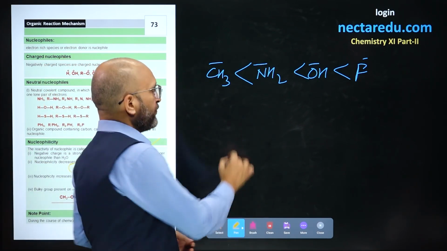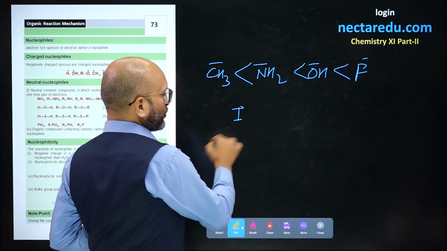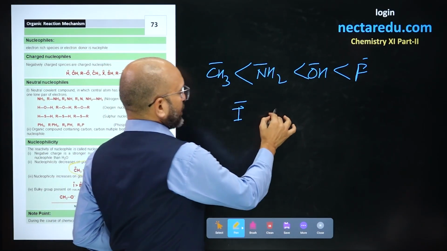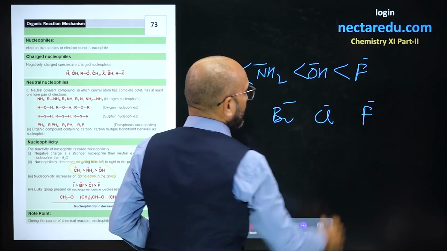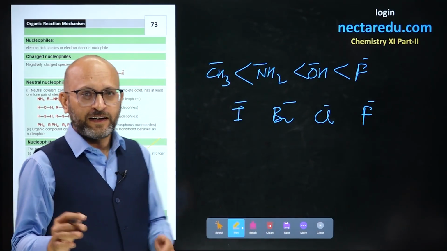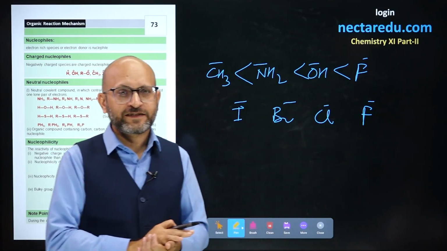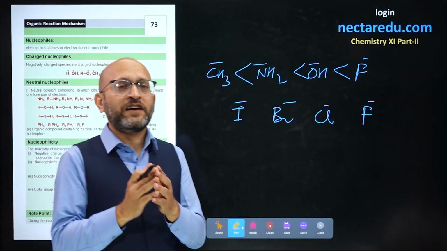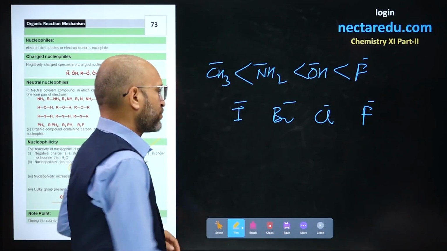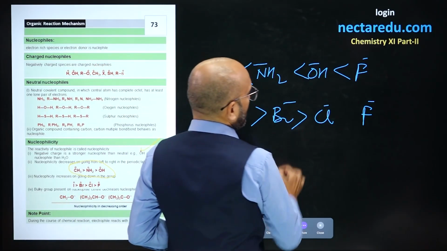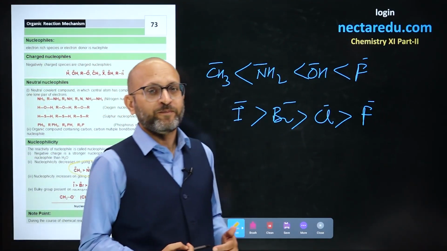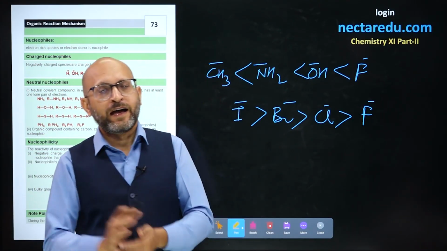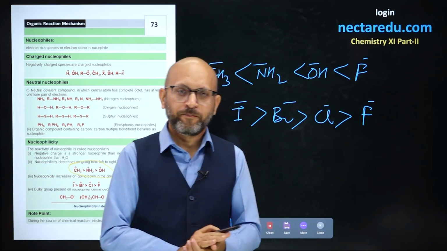Now if you have nucleophiles belonging to the same group, I minus, Br minus, Cl minus, F minus, in a period, left to right, nucleophilicity increases; in a group, nucleophilicity increases down the group. So I minus is a better nucleophile than Br minus, then Cl minus and F minus. So nucleophilicity always increases down the group and increases across the period.